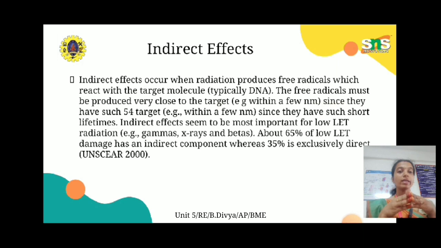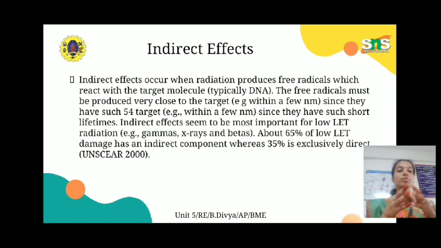What are the low LET radiations? X-rays, beta and gamma rays. These are the low radiation procedures which produce radicals during the scanning process.